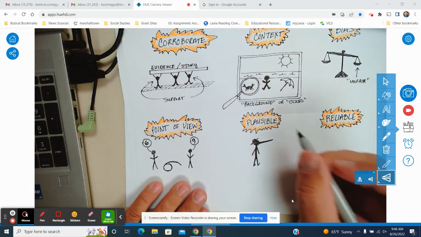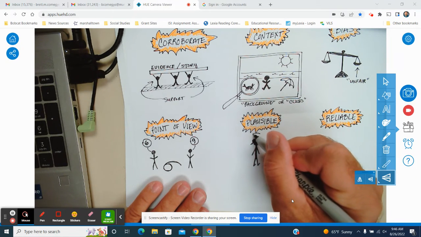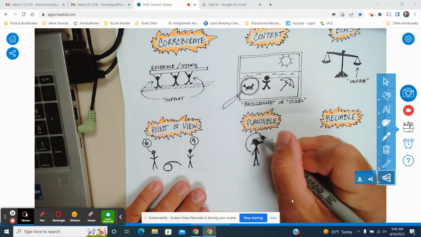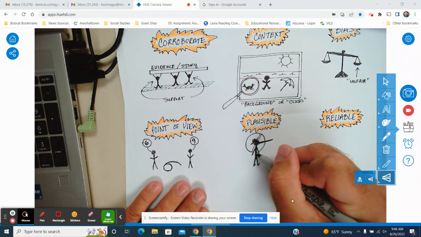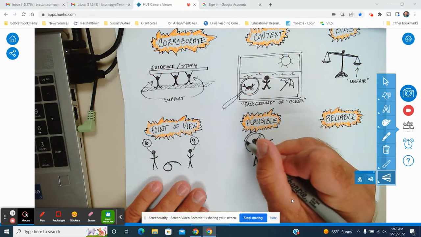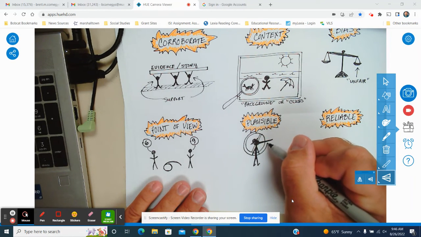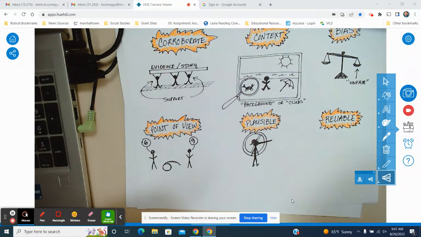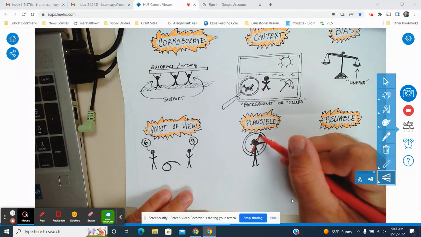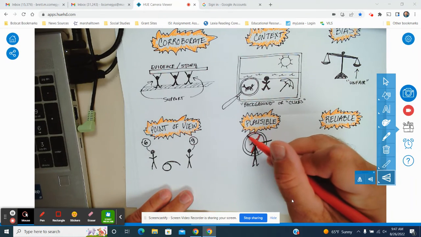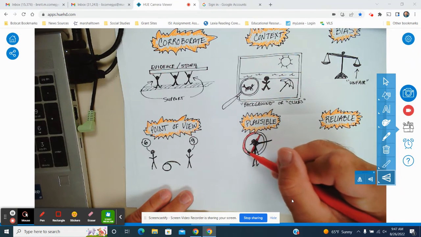So if something's plausible, what I'm going to do is this. You ever see something that says like no smoking or no eating or drinking or not being barefoot in the store? They got the sign on there. They put a slash through it and it's a red mark.